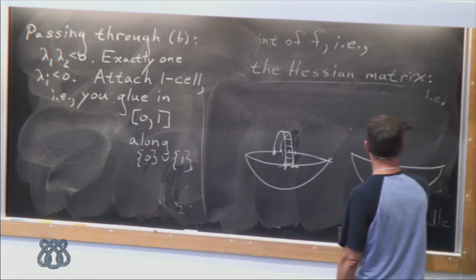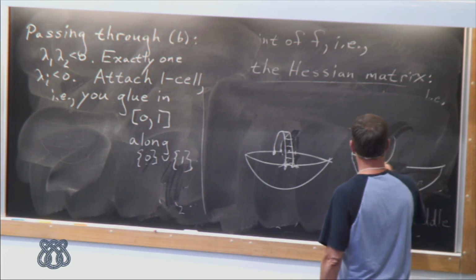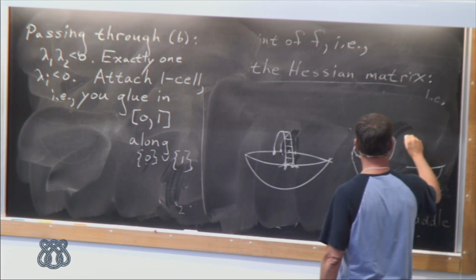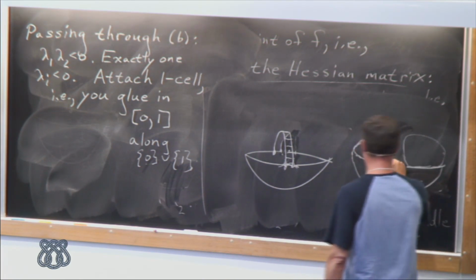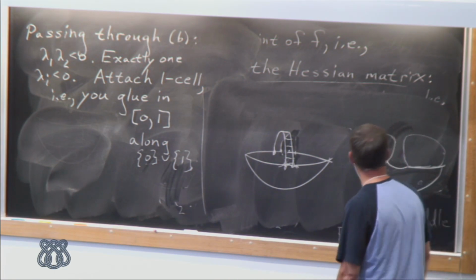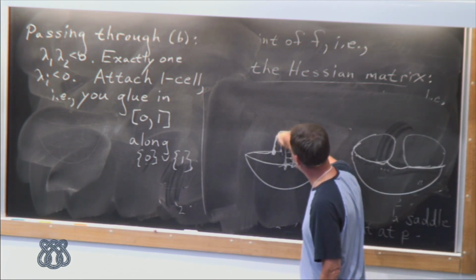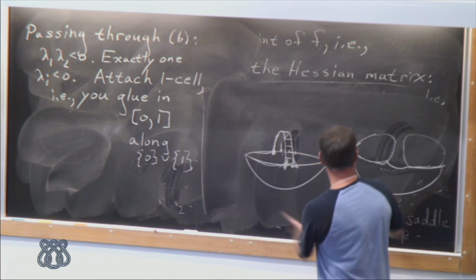You end up with something that looks like that part of the torus. You're supposed to be picturing smoothing this out and smoothing out this other part and then extending it that way.